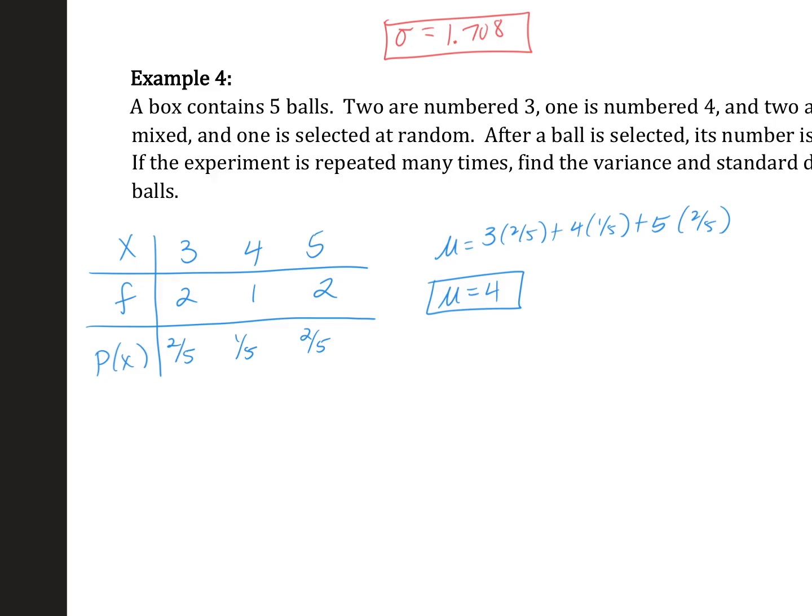Yes? Okay. To find variance, it's very similar to mu, but instead of the values out in front being normal, you're going to square them. So 3 squared times 2/5 plus 4 squared times 1/5 plus 5 squared times 2/5. Oh, sorry, minus 4 squared.